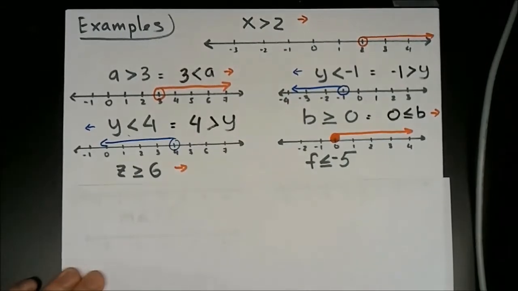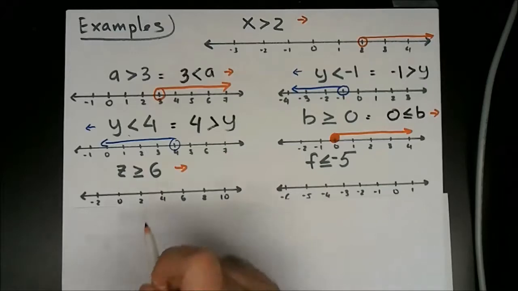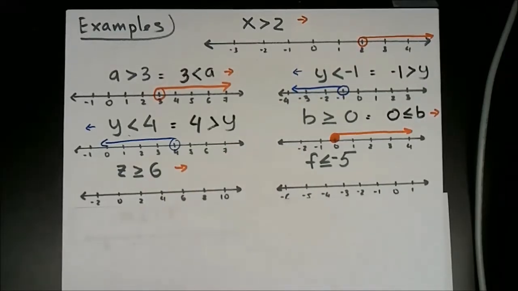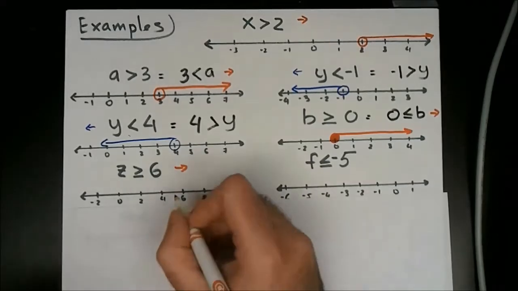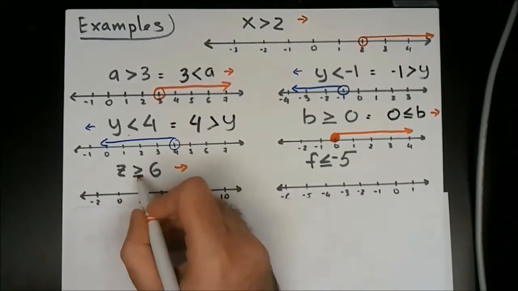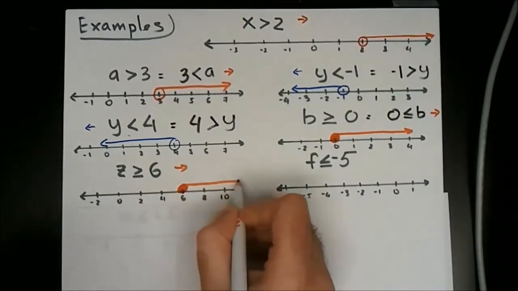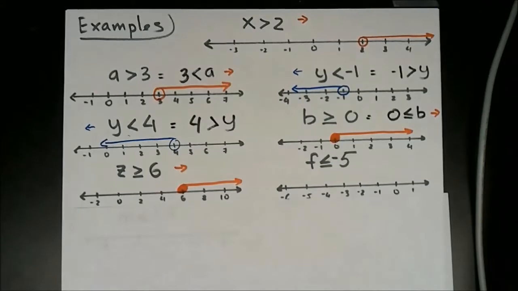Where am I starting from? 6. Open or closed circle? Closed, because it's also equal to. The 6 is included. That's it. Done. Moving on to the next one.